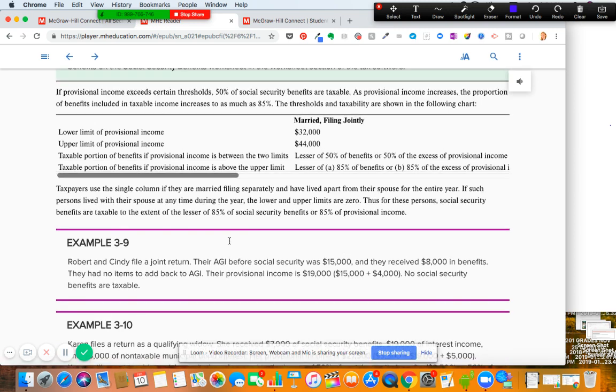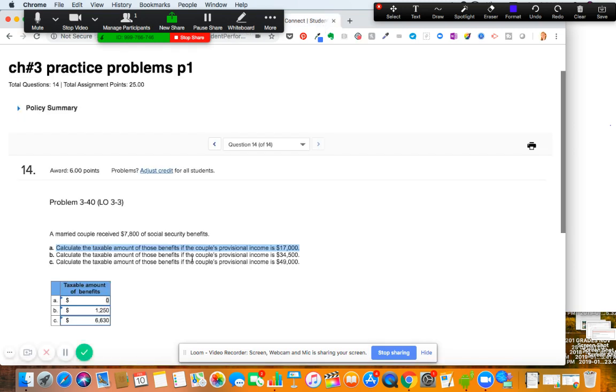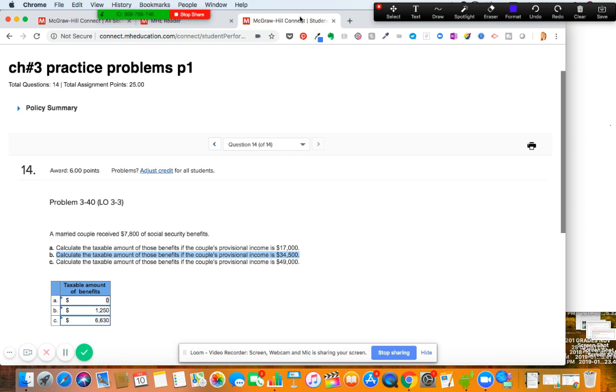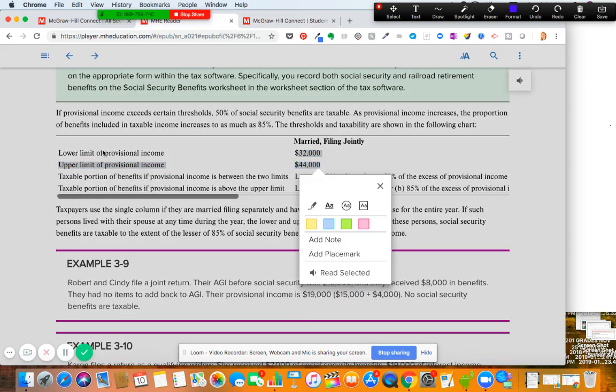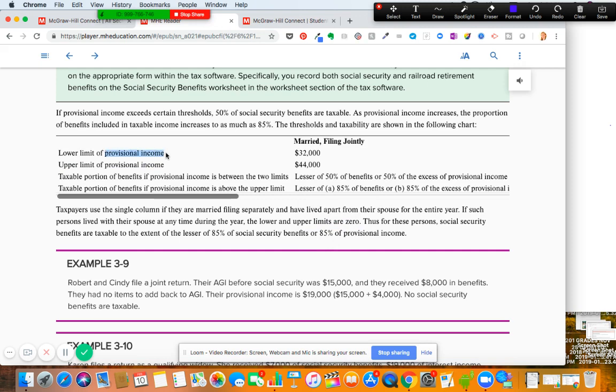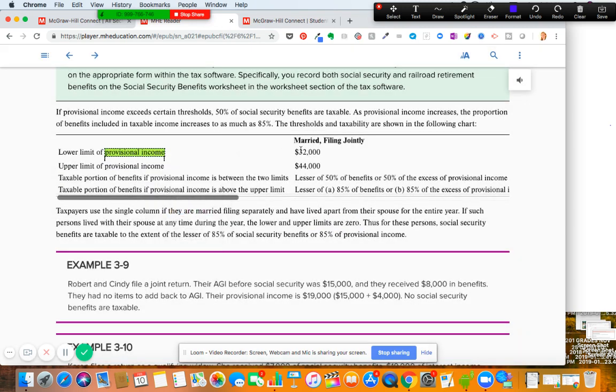There is a very small range where another number could be included, and that's what this calculation is and what I'm showing you here. When they're at $34,500, you can see they're in this range of what's called provisional income, between $32,000 and $44,000.